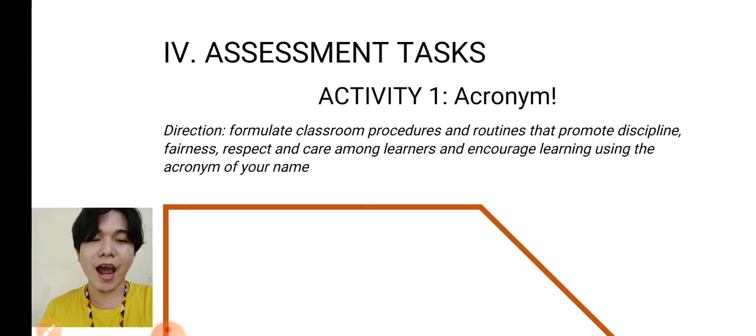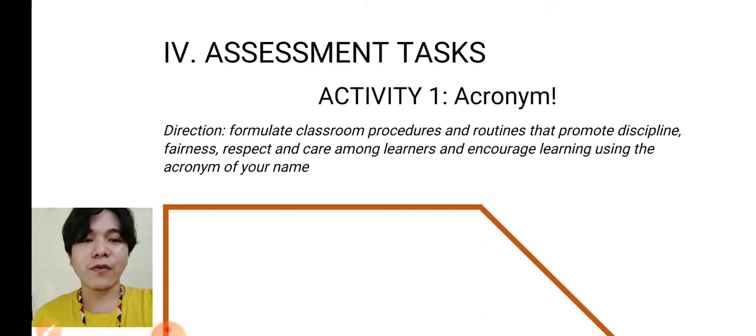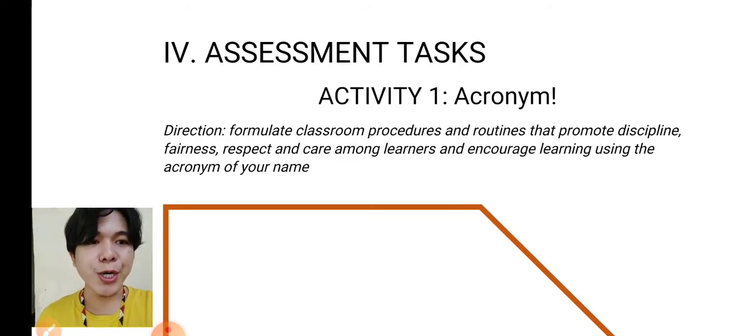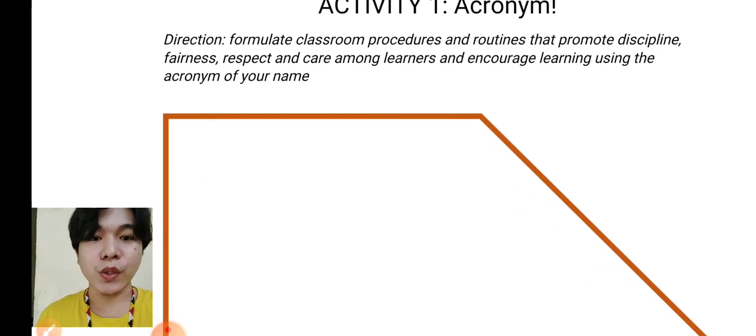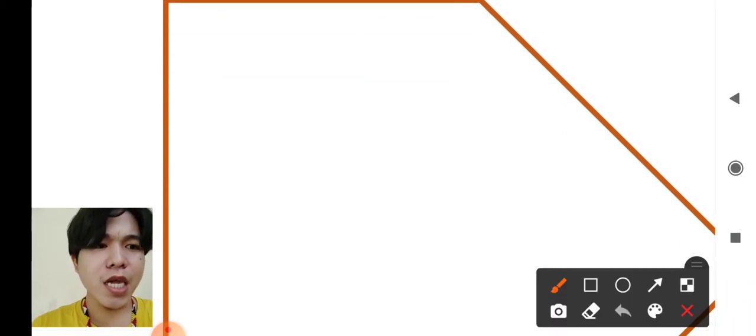Let's start with Activity 1, Acronym. Direction. Formulate procedures and routines that promote discipline, fairness, respect, and care among learners and encourage learning using the acronym of your name. So, it should be your name. For example, my name.